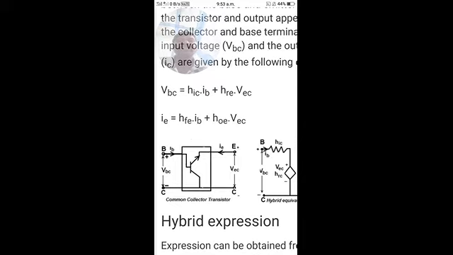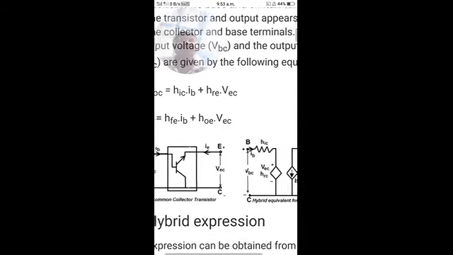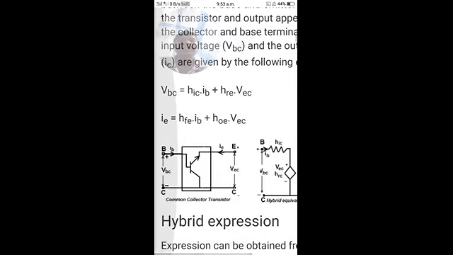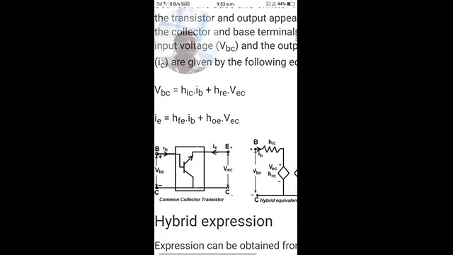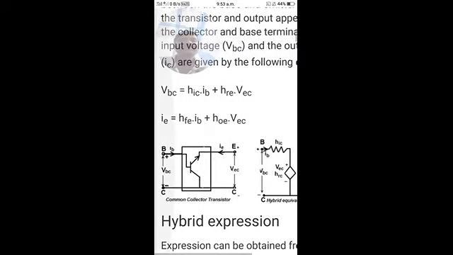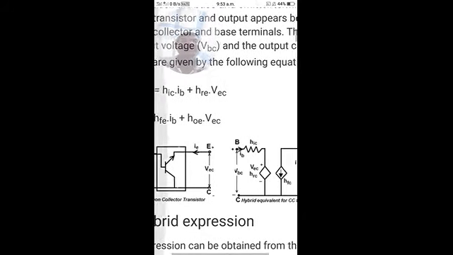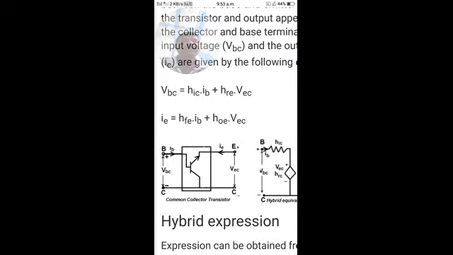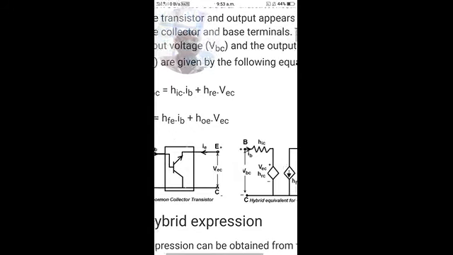So VBC is the sum of IB HIC plus HRC VCE, and the output current is HFC IB plus HOC VCE.